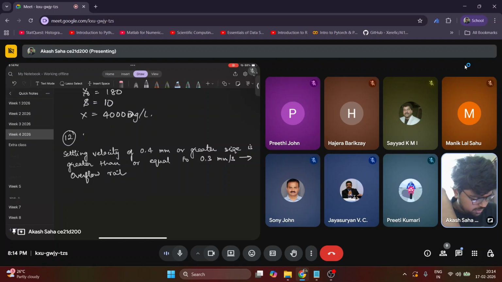Okay, that is the overflow rate. So all these solids will be removed 100%. Okay, 100% it will be removed.